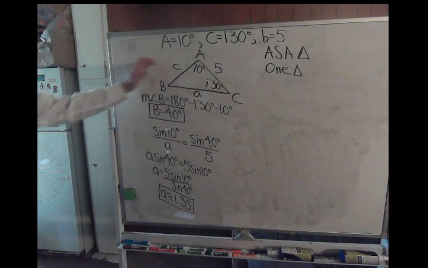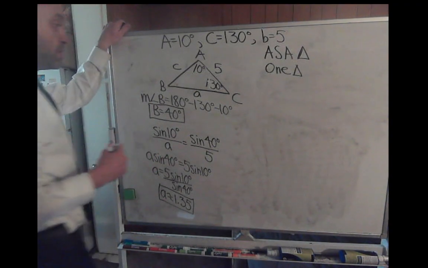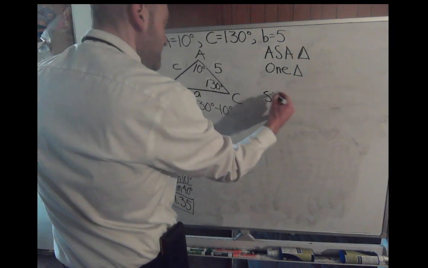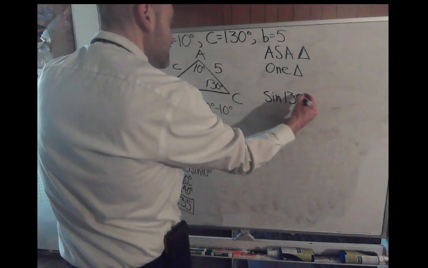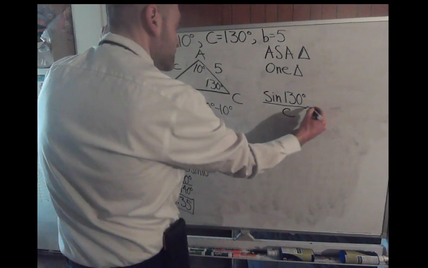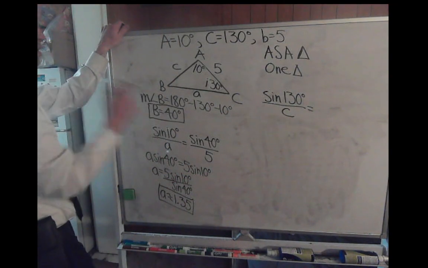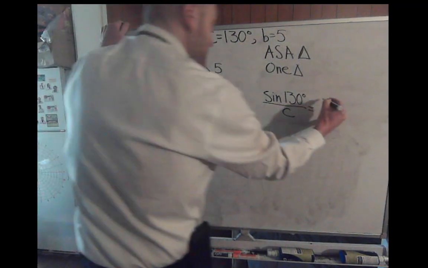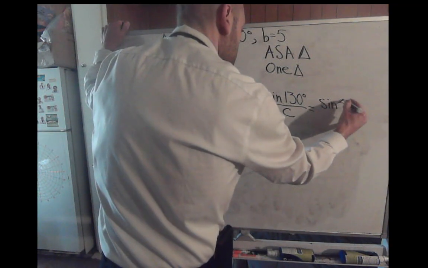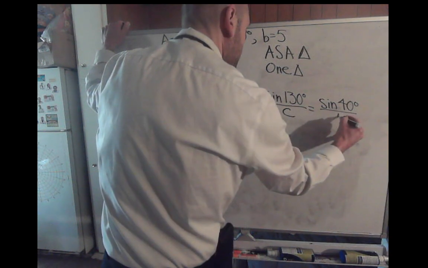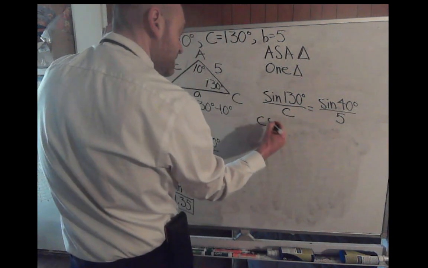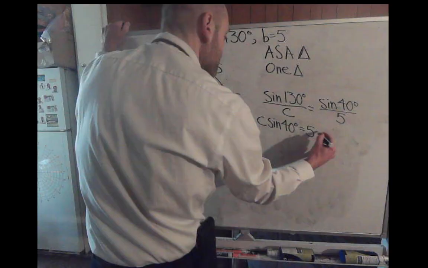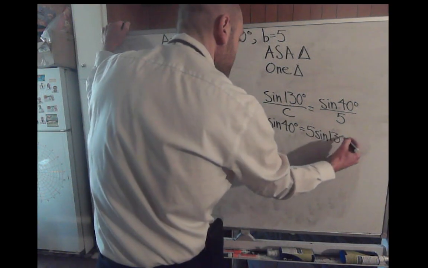Now we can set up for side C. So let's see. We know angle C is 130, so this would be the sine of 130 degrees all over C, going to equal, well, we know angle B and side B, so let's use that. That would equal the sine of 40 degrees all over 5. So that means C times the sine of 40 degrees would equal 5 times the sine of 130 degrees.